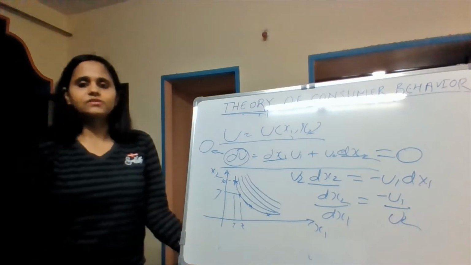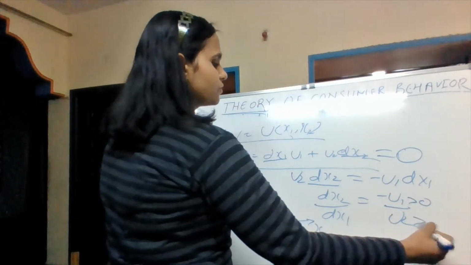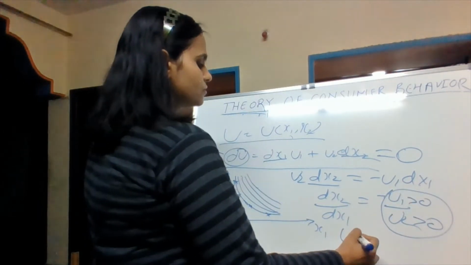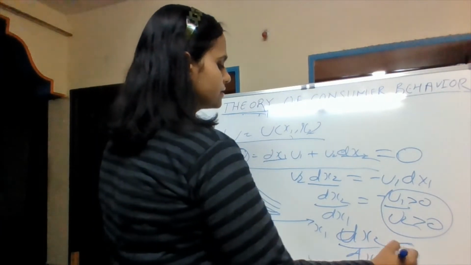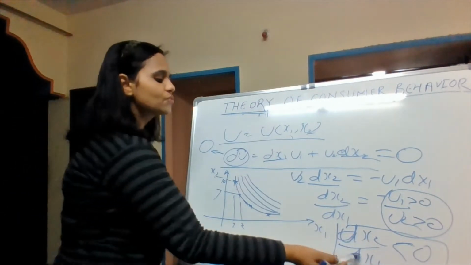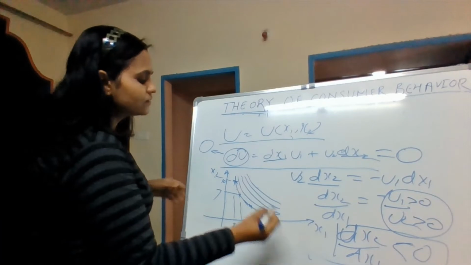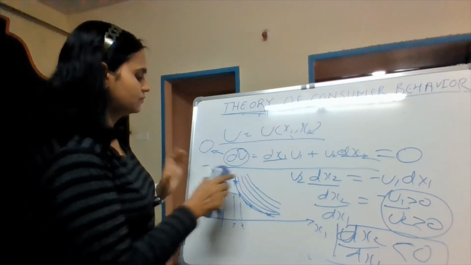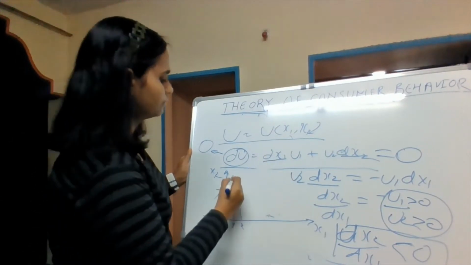Either your utility is 0 or it has to be positive. So u1 is greater than 0, u2 is greater than 0, so overall this becomes less than 0. So dx2 divided by dx1 is less than 0. And what is dx2 by dx1? That's the slope of your curve, your indifference curve here.